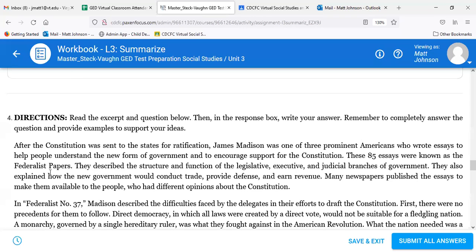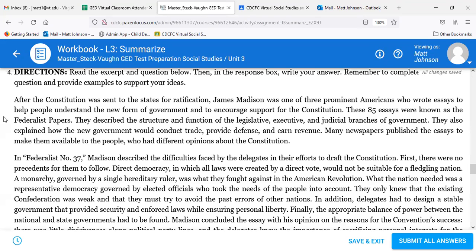They also explained how the new government would conduct trade, provide defense, and earn revenue. Many newspapers published the essays to make them available to the people who had different opinions about the Constitution. Okay, so that's the idea behind the Federalist Papers.